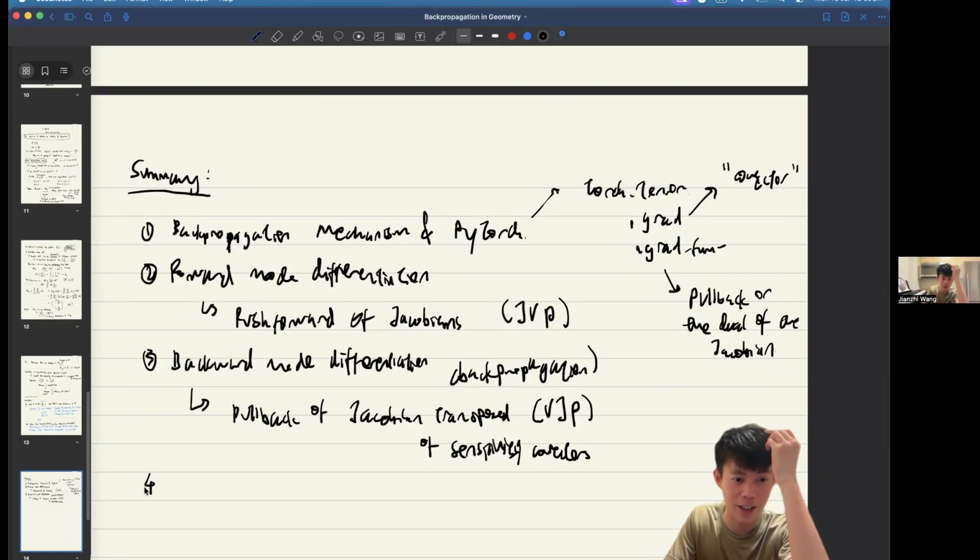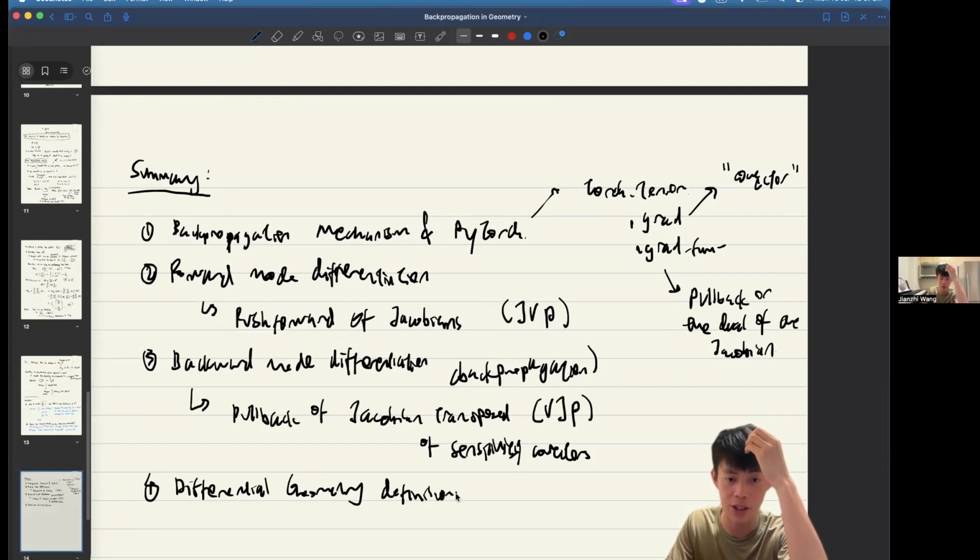And I guess finally, we have talked a lot about differential geometry, which is pretty nice, I think, as a field. I have never gotten to learn it in my undergrad years, but we have barely scratched the surface. We only talk about the definitions. And I guess the major learning point, at least for me, is that I love infinitesimal analysis.